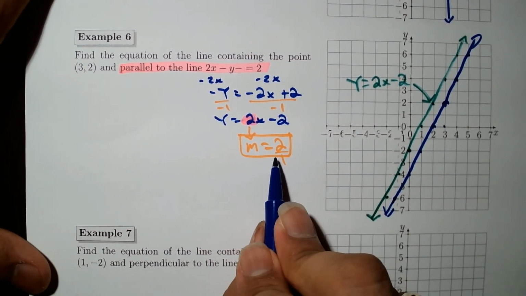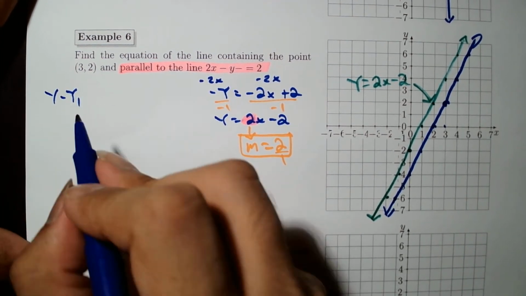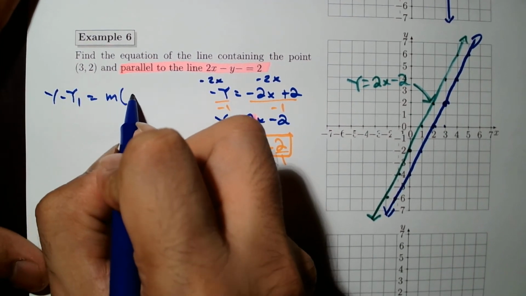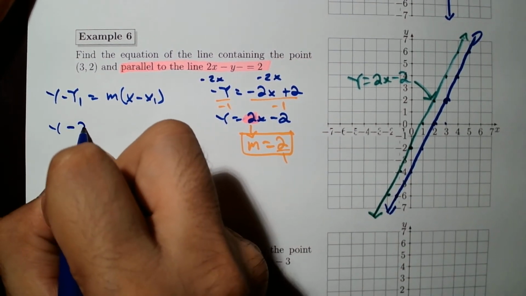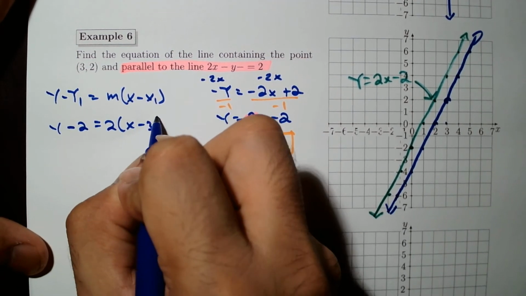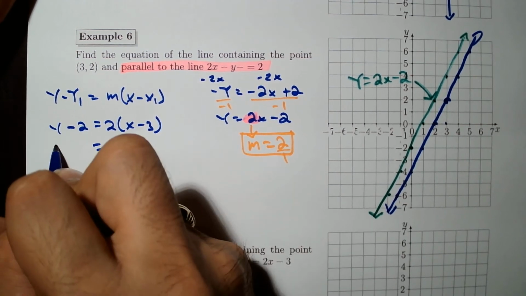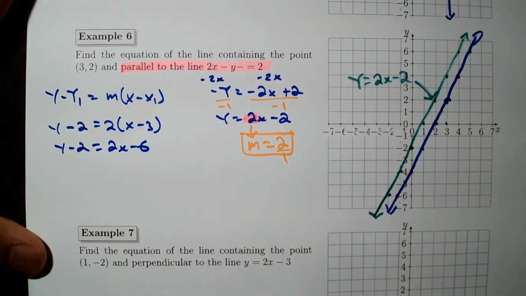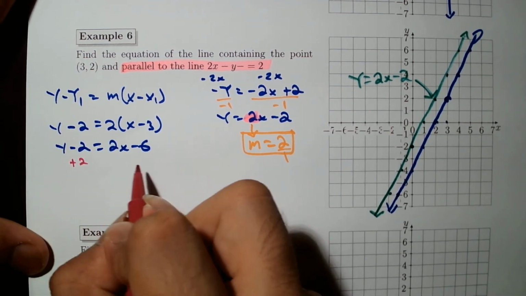We're going to use the slope and the given point, y minus y1 equals m times x minus x1, in which y minus 2 equals 2 times x minus 3. So this will be 2x minus 6, y minus 2. All we do to get this equation is add 2 to both sides.